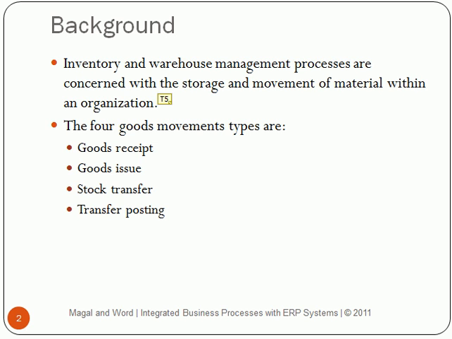So when we talk about inventory, we're talking about, as we said, storing material into the storage location or into the warehouse, or moving material from one place to the other, or outside of the organization, or accepting material into the organization. So as we said, goods receipt is created when we receive material.